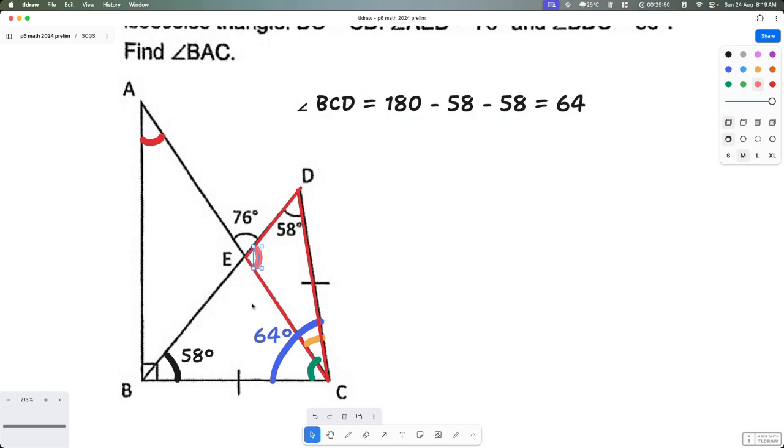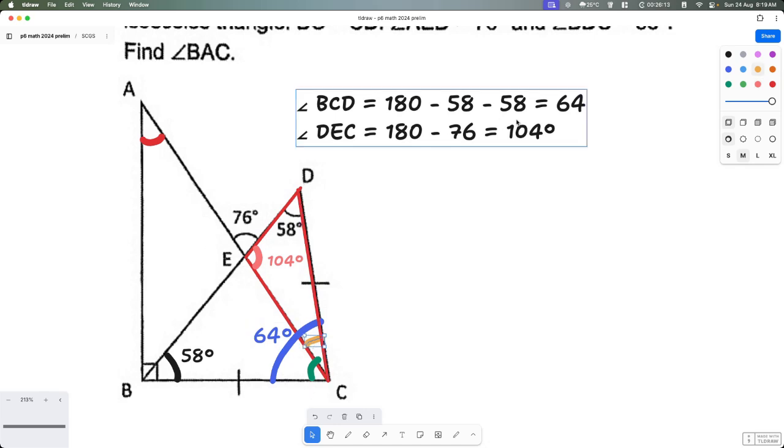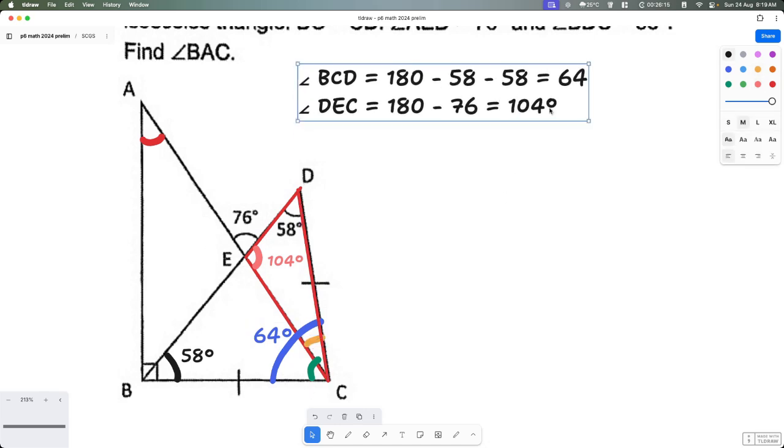So this is angle DEC. Let's get angle DEC, which is equal to 180 minus 76, and this will give us 104 degrees. So this pink angle over here is 104 degrees. Let me just put it like this. So now we can get the orange angle, which is DCE. Let's move this a bit up.